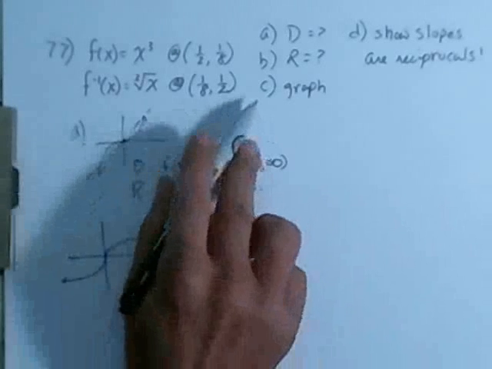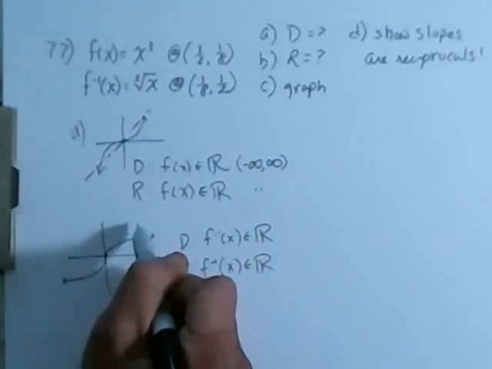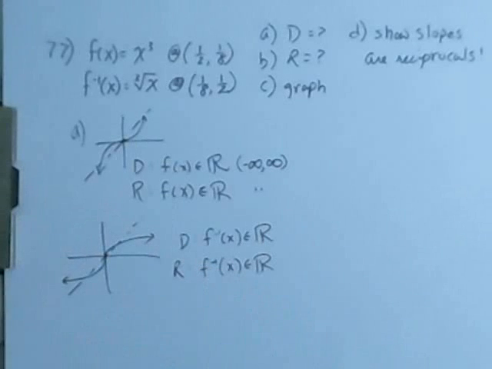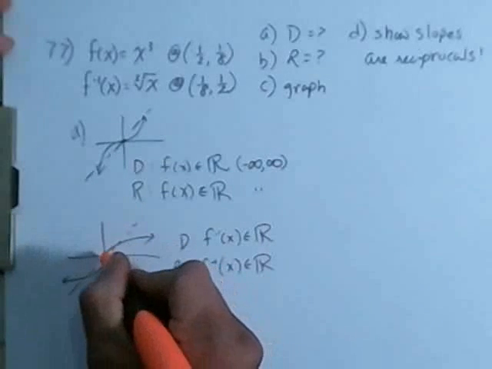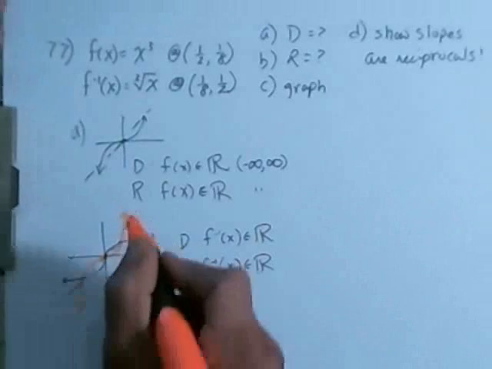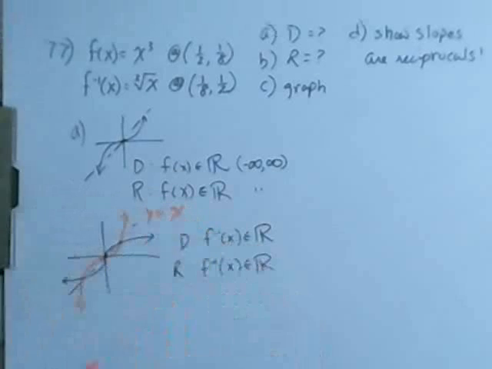Okay, part C, we graphed it. We should see that if we draw a 45-degree line right here, I'm going to use a different marker, it should turn out to be a reflection about the line y equals x. And it does look like a reflection.